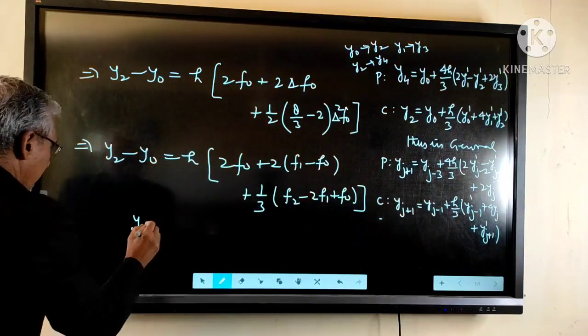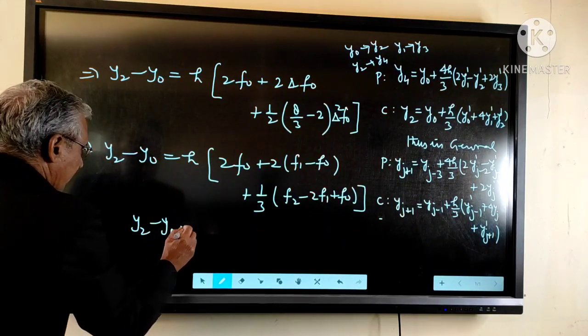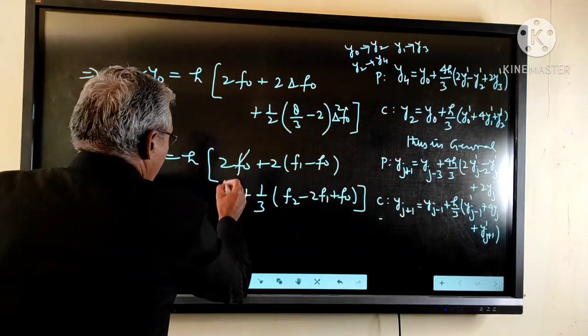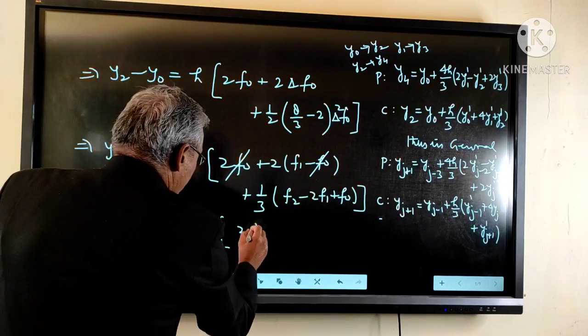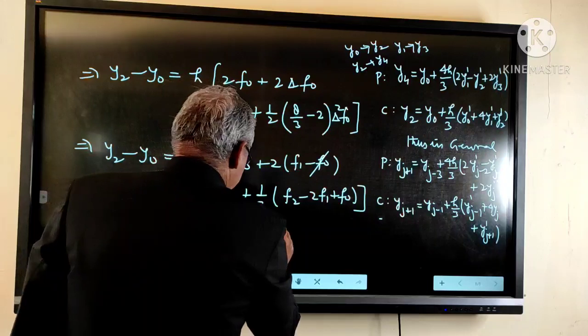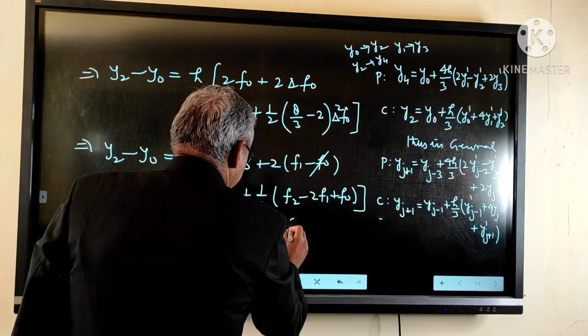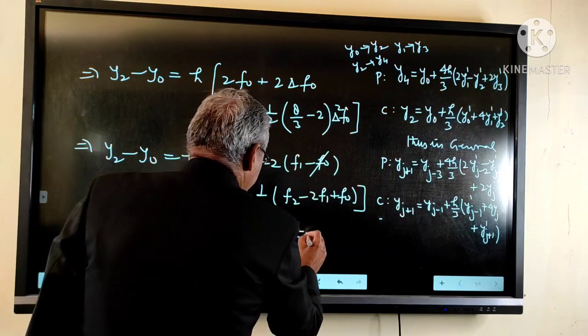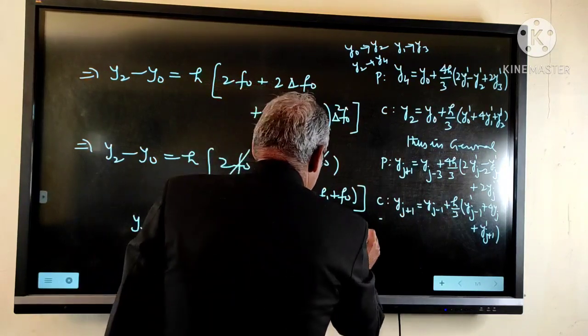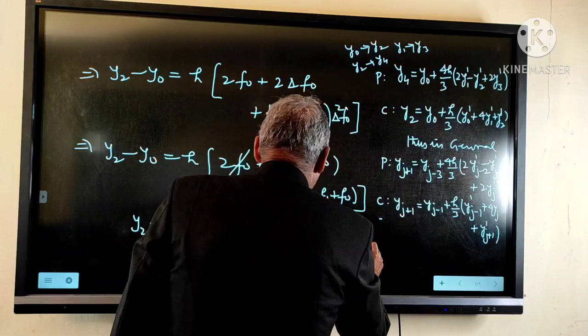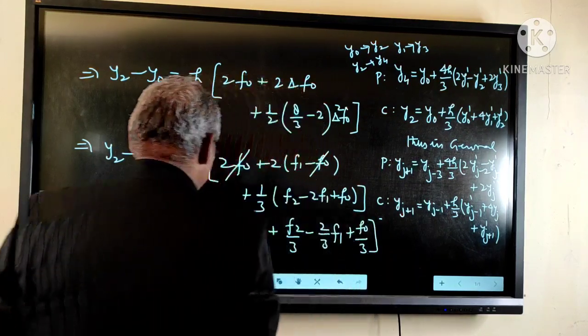This is y2 minus y0 equals h, 2f0 cancels out. This is 2f1 plus f2 by 3 minus 2 by 3 of f1 plus f0 by 3.